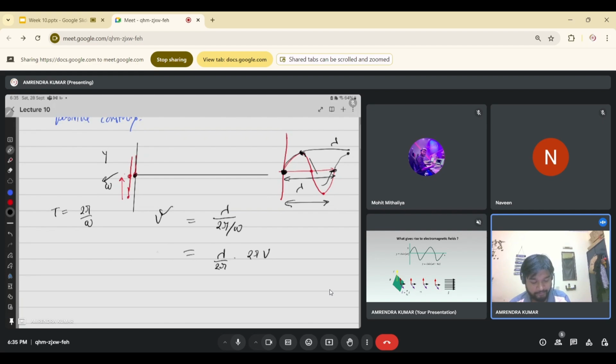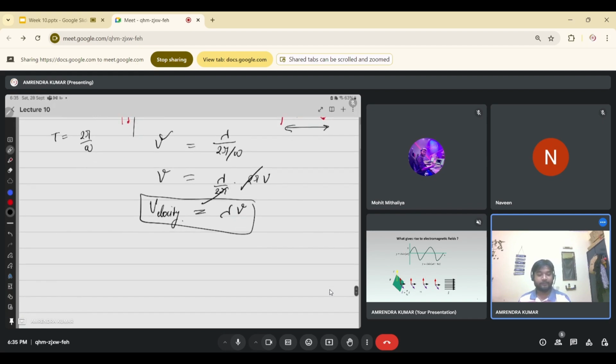So the velocity is lambda divided by T, which is lambda times mu. Okay, so this is the lambda. Now you could understand how this velocity is calculated.